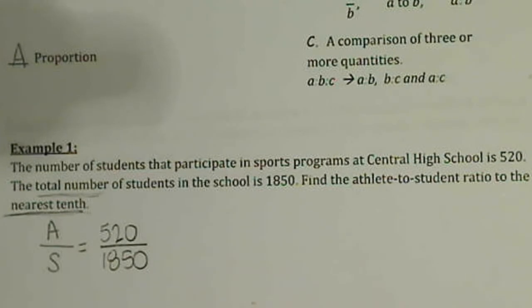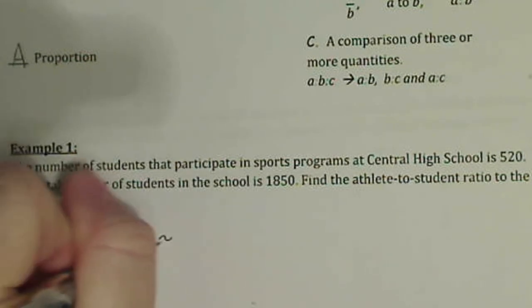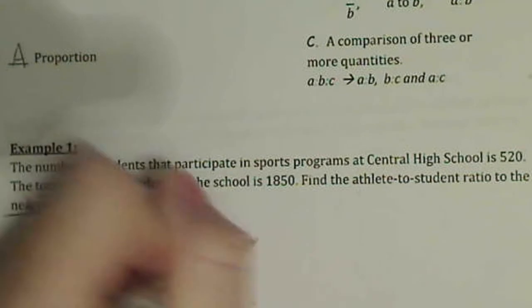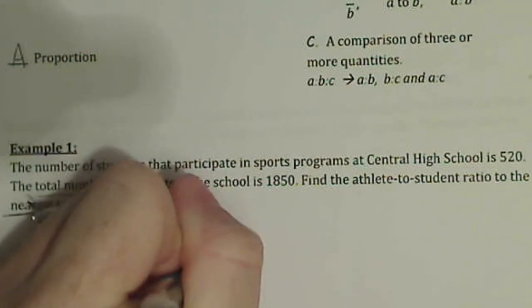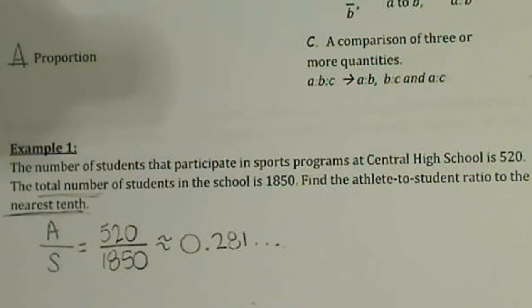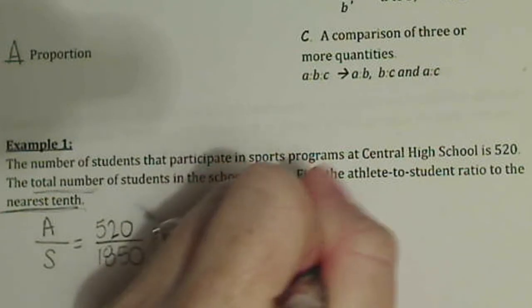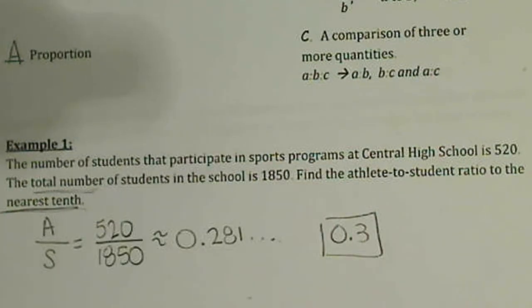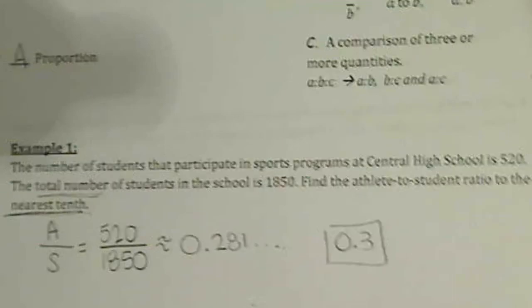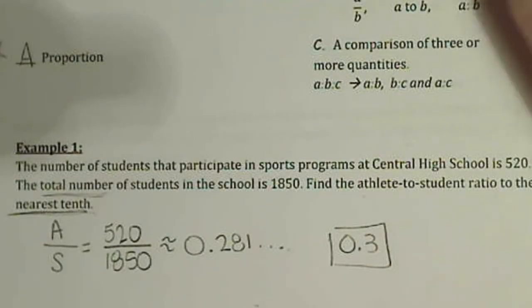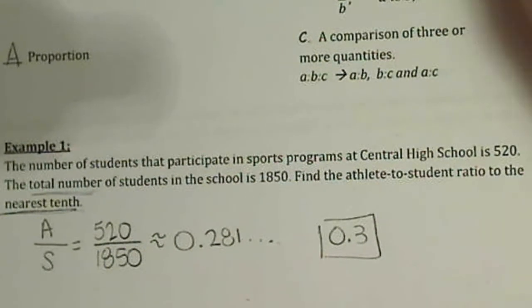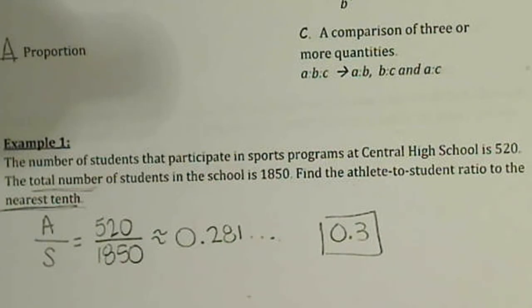So in your calculator, figure out what 520 divided by 1850 is, and you should get about 0.281 and on and on. Well, it tells you to round it, so that's going to become 0.3. That's your ratio. It's okay to have a ratio as a decimal or a fraction. You just need to pay attention to how they want it.